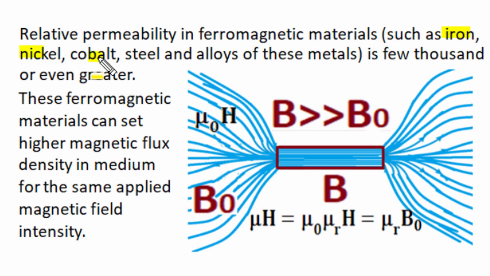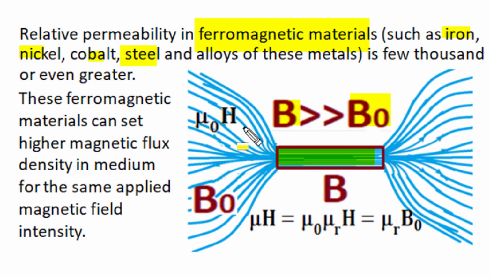Metals such as iron, nickel, cobalt, or alloy of iron and carbon steel, and other alloys of iron, nickel or cobalt are known as ferromagnetic material. And in these ferromagnetic material, for the same amount of applied magnetic field intensity, the magnetic induction or flux density becomes much more than flux density in air.